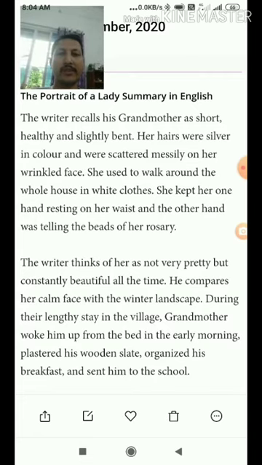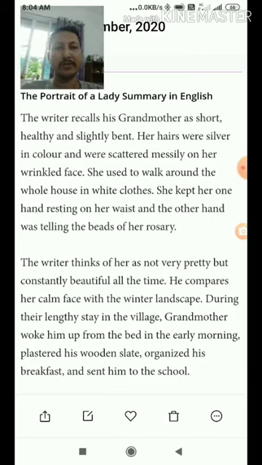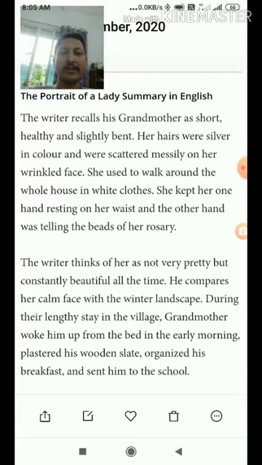The writer recalls his grandmother as short, healthy, and slightly bent. She is bent, not straight. We stand straight when we are young, but because she worked extremely hard, she stooped. So she is slightly bent. Her hair was silver in color and scattered messily, not properly combed, on her wrinkled face.